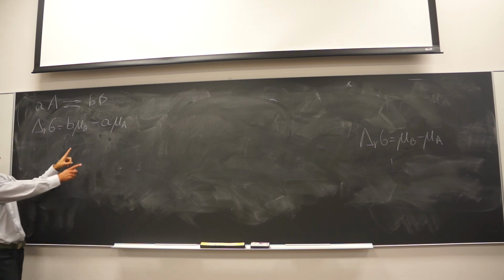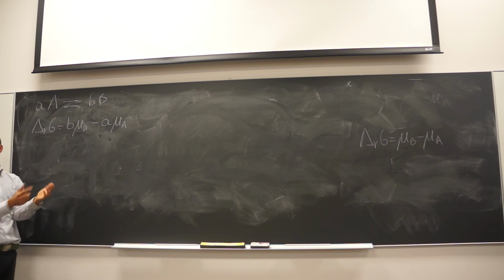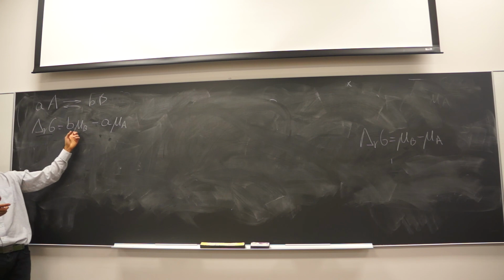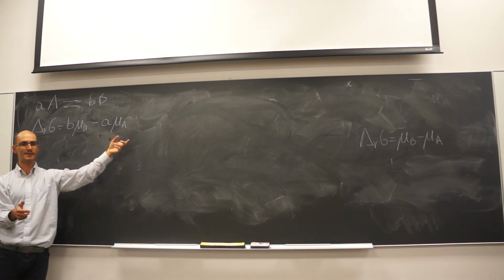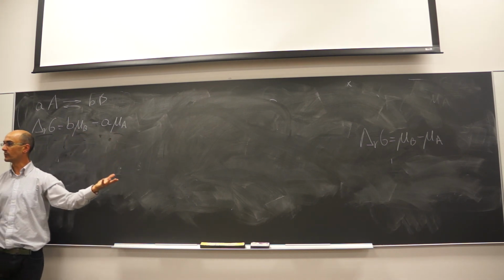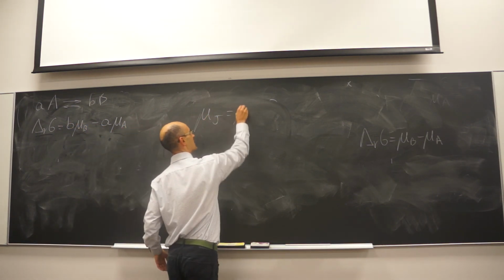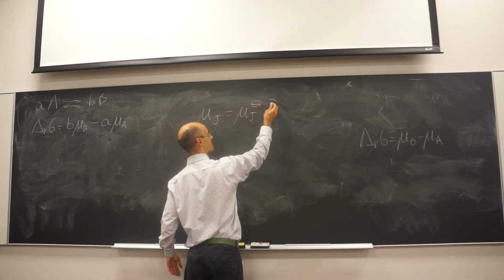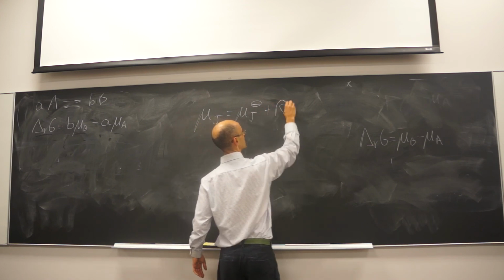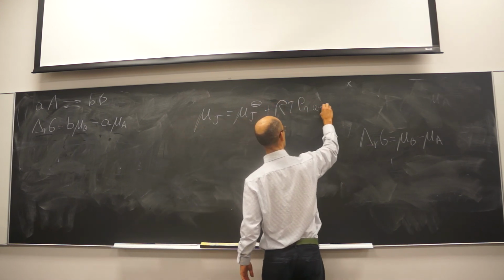Now, what we actually know is that this is going to have a dependence on concentration. But we have worked really hard in figuring out how that depends on concentration. And what we know is this: mu sub j is going to be mu sub j at the standard state plus RT natural log of a sub j.